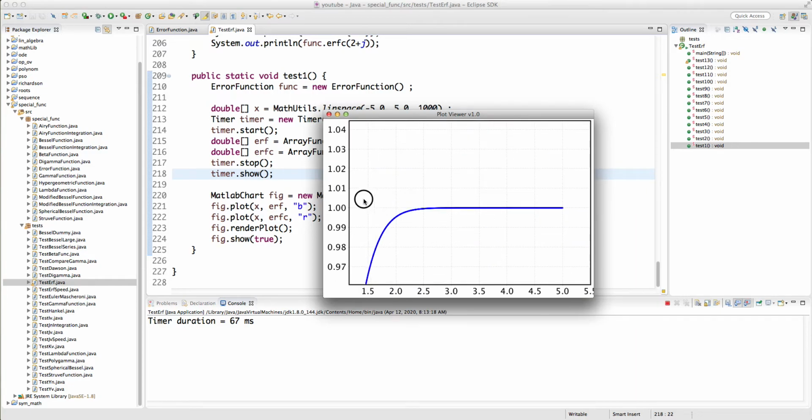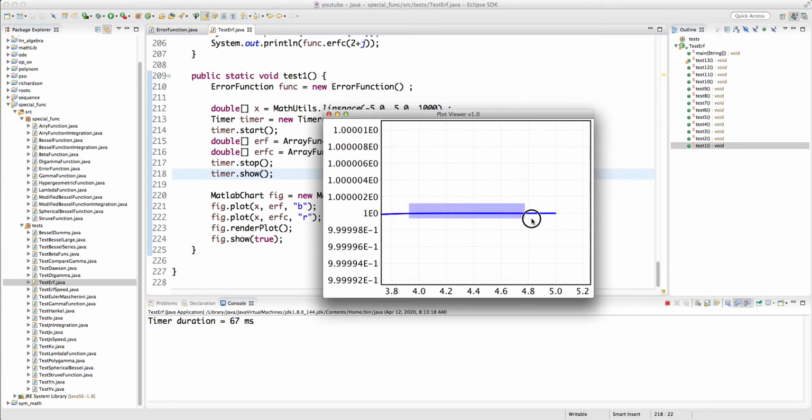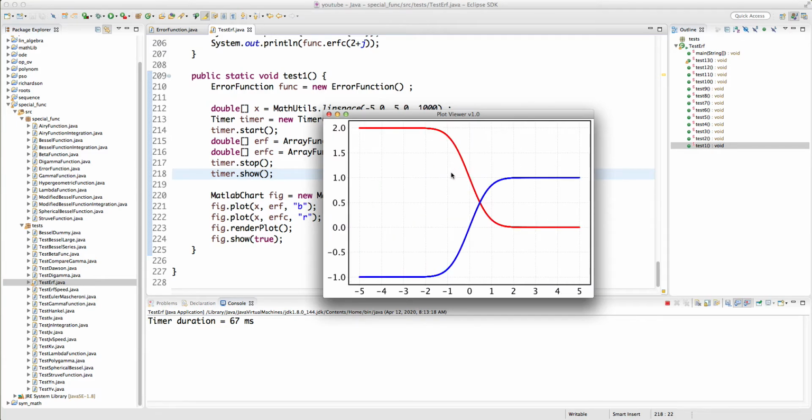Similarly here, as you can see, we're pretty much there at 1, right? And then the complementary error function is 1 minus error function. So when the error function is 0, we have complementary error function 1. When the error function is -1, the complementary is 2. So the complementary error function goes from 2 all the way to 0, right?